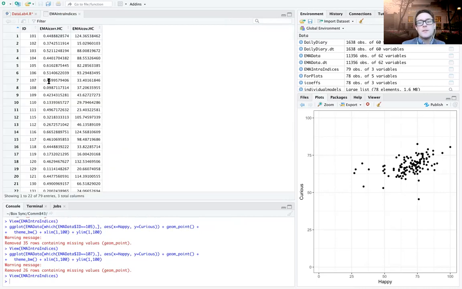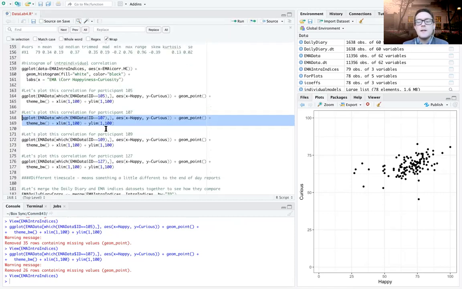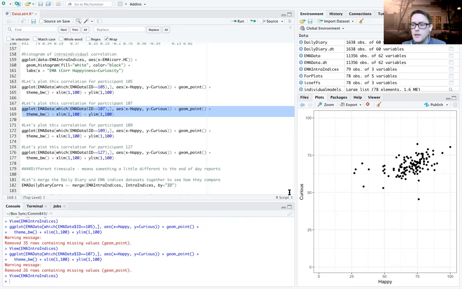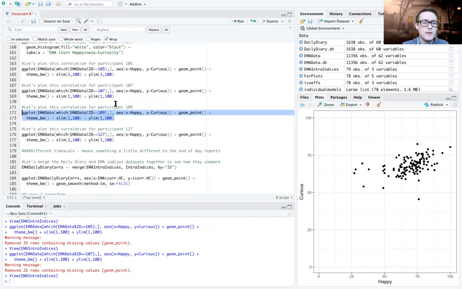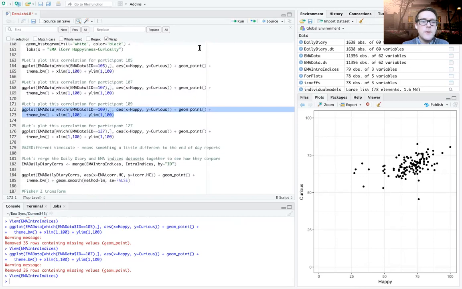Huh, okay. So I guess it is a positive association, like decently sized. And there's more data there. So you can have a little bit more confidence in that than with the 21 days of the daily diary.